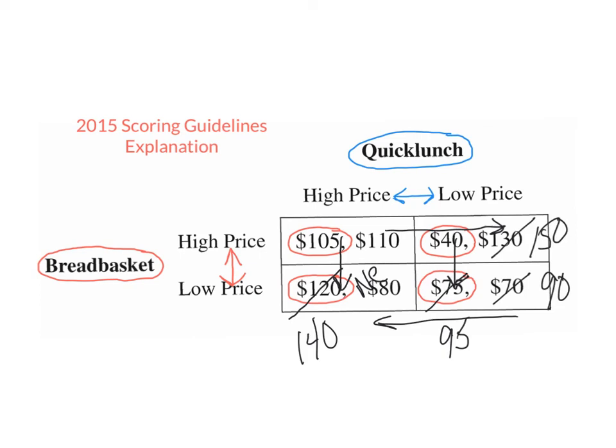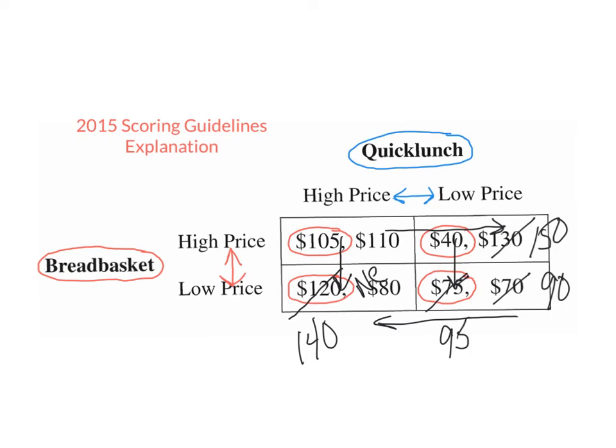With the subsidy, would Quick Lunch choose to set a high price or a low price? Explain using specific values from your redrawn matrix. Quick Lunch will choose a low price strategy.